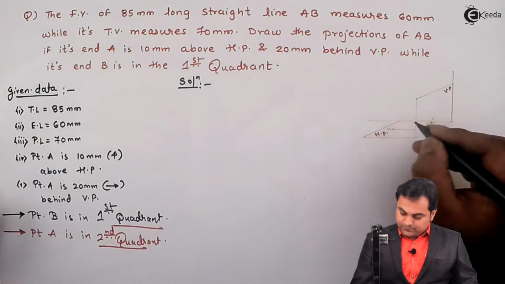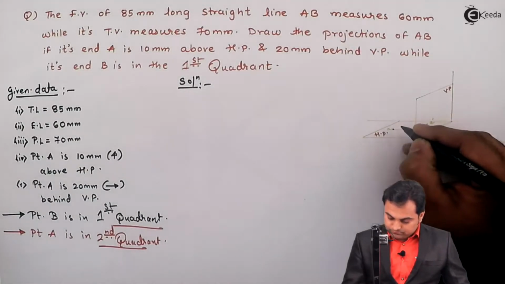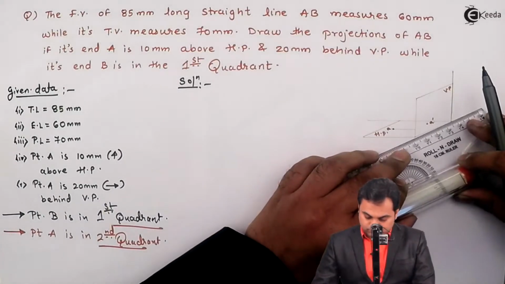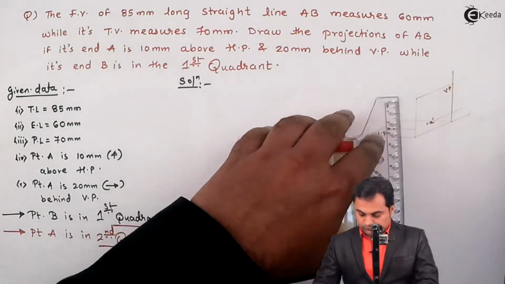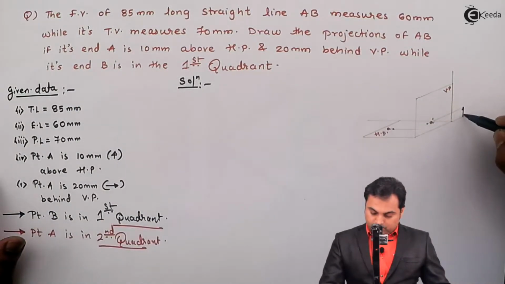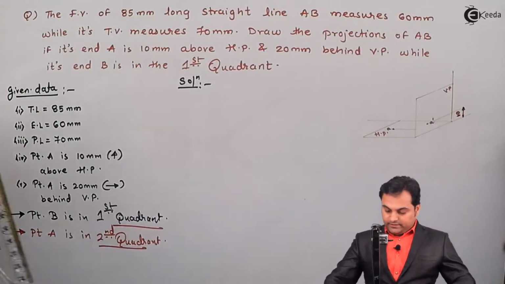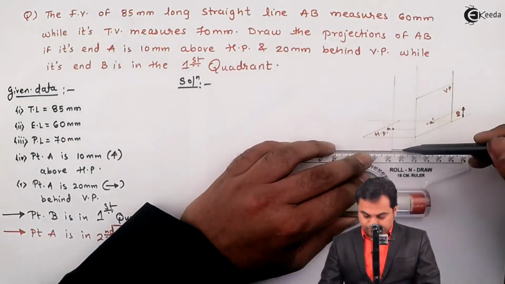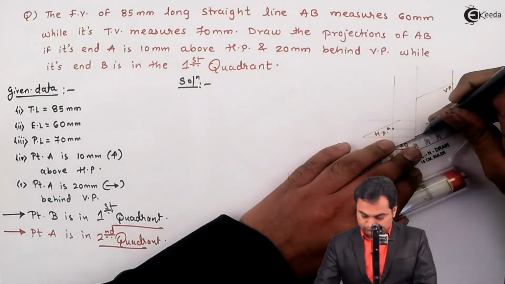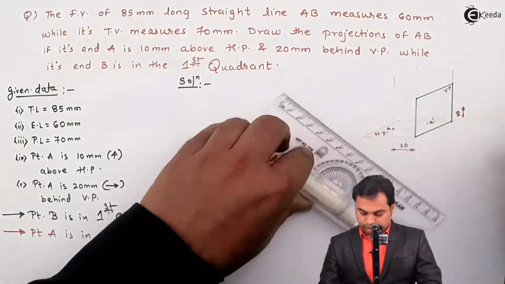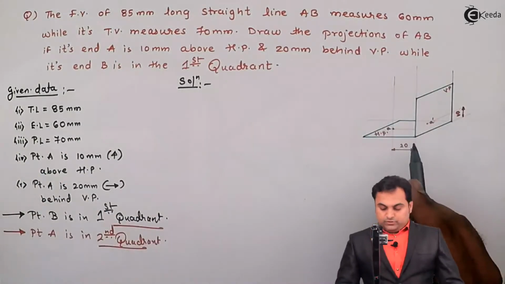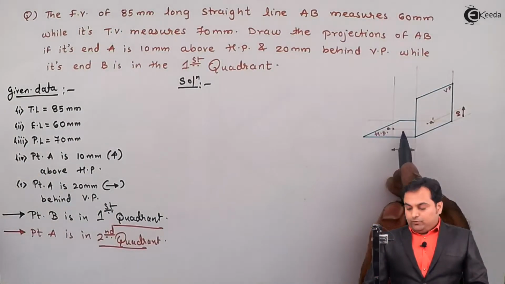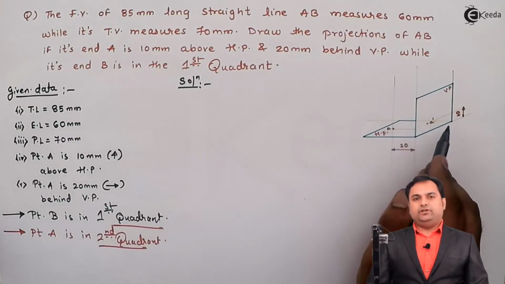So this will be A dash, this is point A. So point A dash, it is 10 mm above HP and 20 mm behind VP.